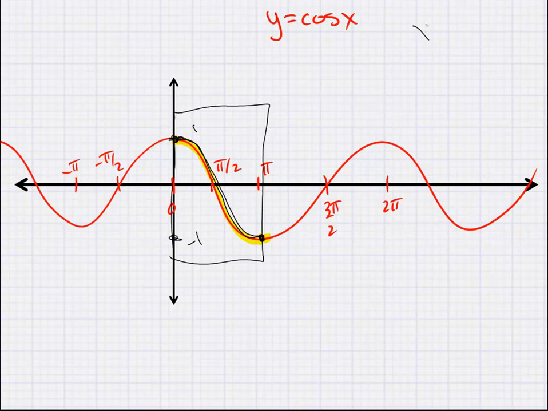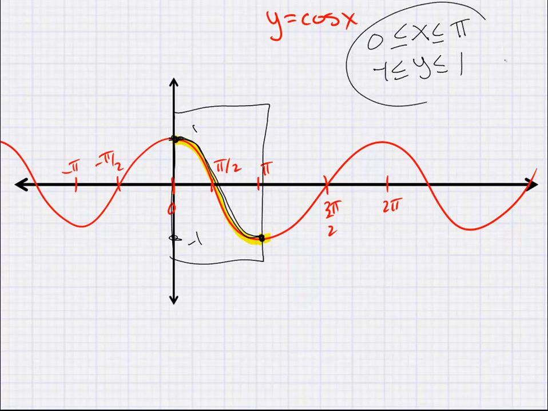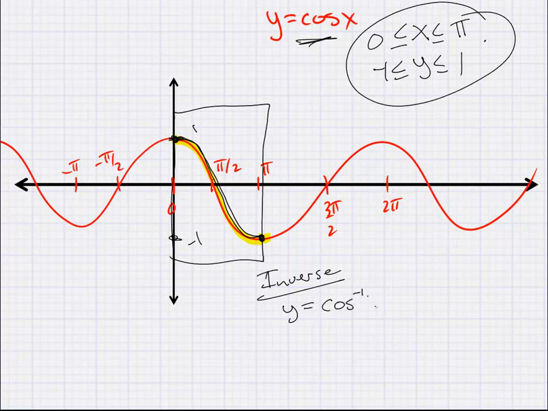So if I look at the x values between 0 and pi, I'll be working with the y values between -1 and 1, and these will be my restrictions. As long as I stick to these restrictions for the cosine function, it will be one-to-one and will have an inverse. What will the inverse be? Well, the inverse will be y equals the inverse cosine of x, or arccosine of x.